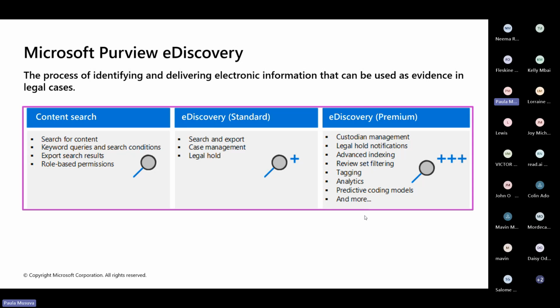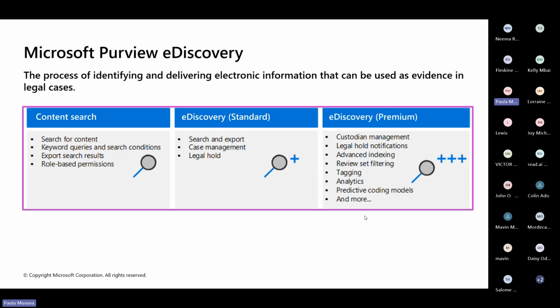With Premium, you can do the same things that you have been able to do with Standard, but it also enables end-to-end workflow. It basically supports a lot more functionality for identifying, preserving, collecting, reviewing, analyzing, and exporting materials of interest in an investigation. Okay? You can add different people into a team, and that's the element of custodians. So the custodians are basically people you have assigned that investigative role.